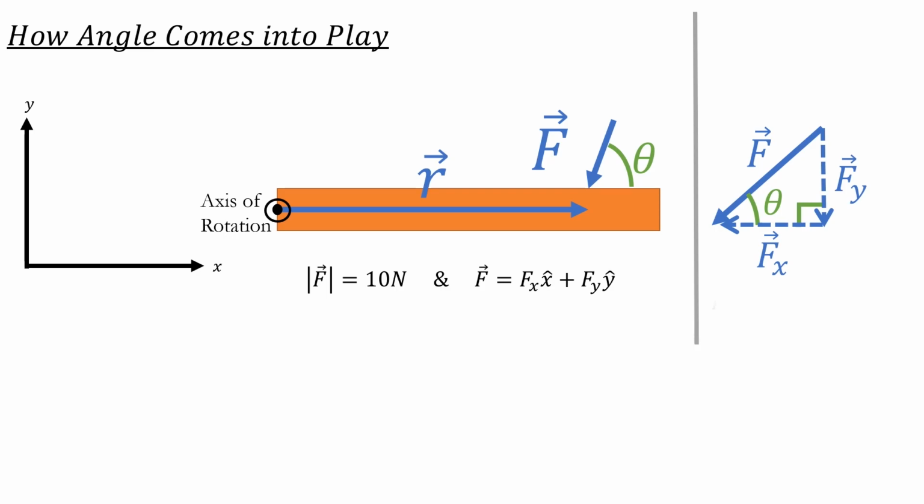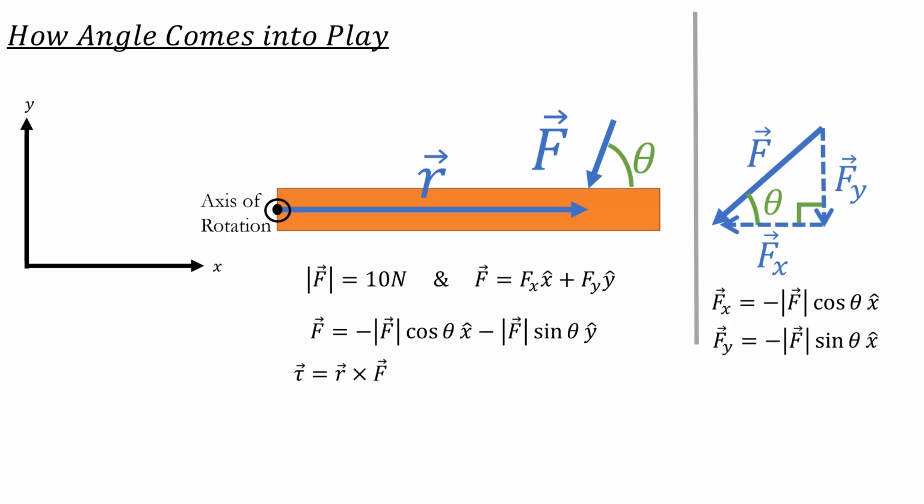The x component of the force is negative the magnitude of the force cosine theta, and the y component of the force is negative the magnitude of the force sine theta. When we take the cross product to find the torque, we find torque only depends on the component of the force perpendicular to the door, which is the y component in this example.